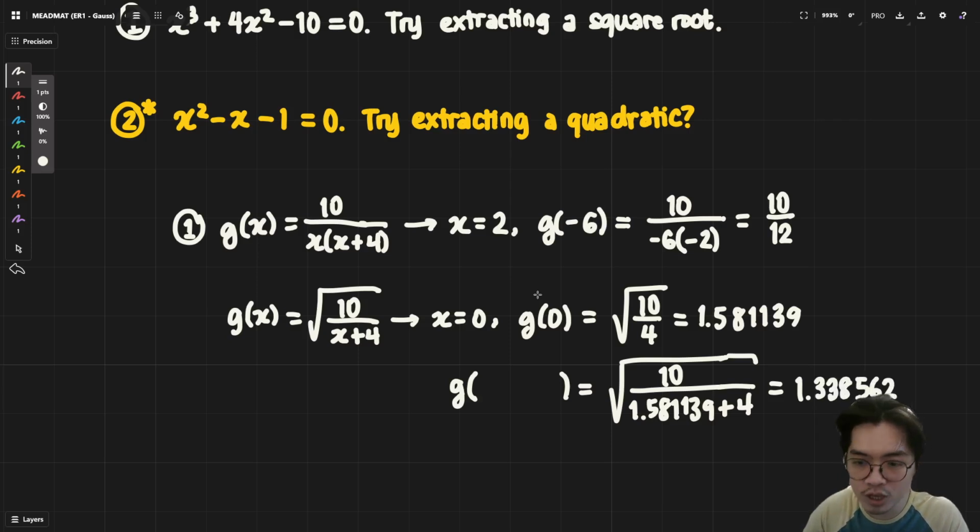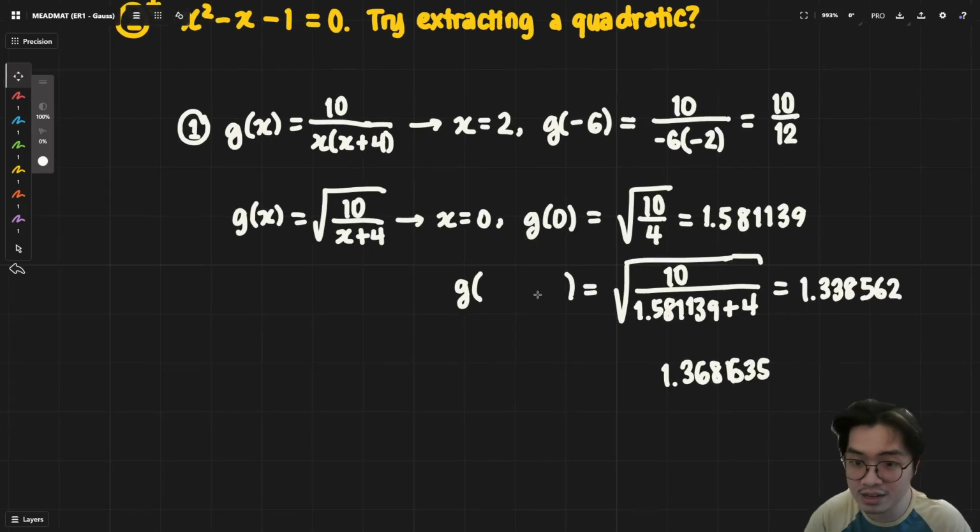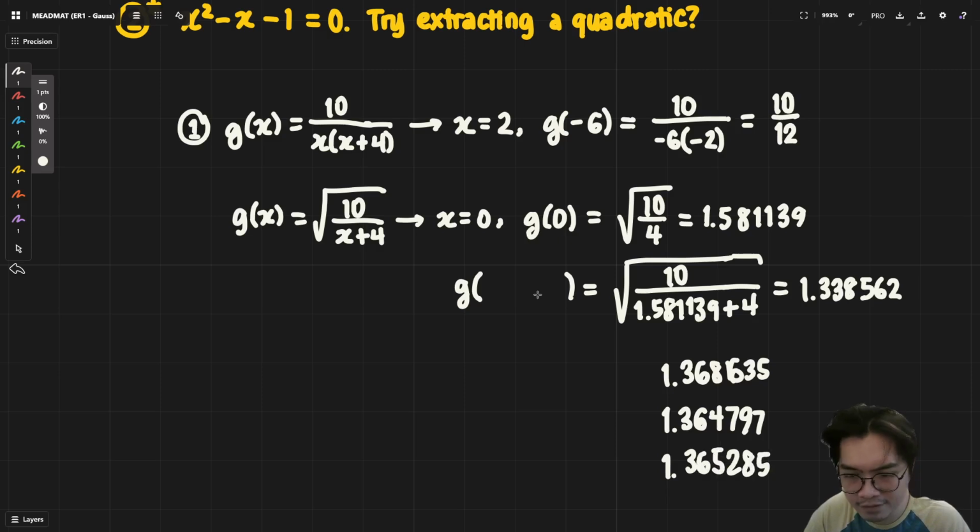And then if we keep going, my answer in here will go to 1.368635 or 636. And if I keep going, 1.364. Notice that it is already starting to get closer and closer to some number. 1.365285, 1.365223. Notice it's getting more and more accurate, right?